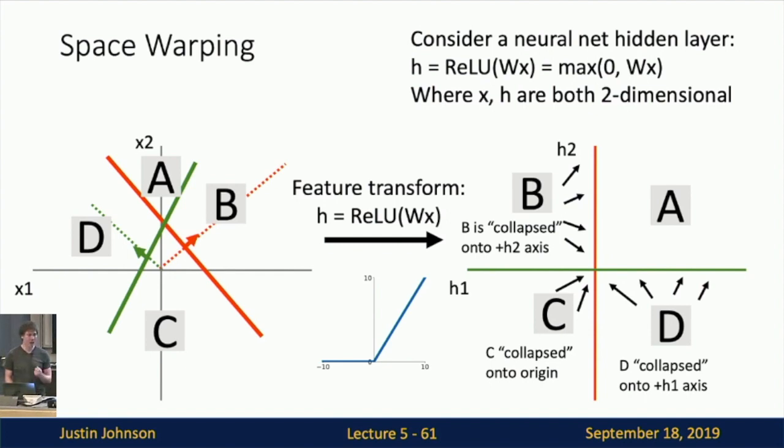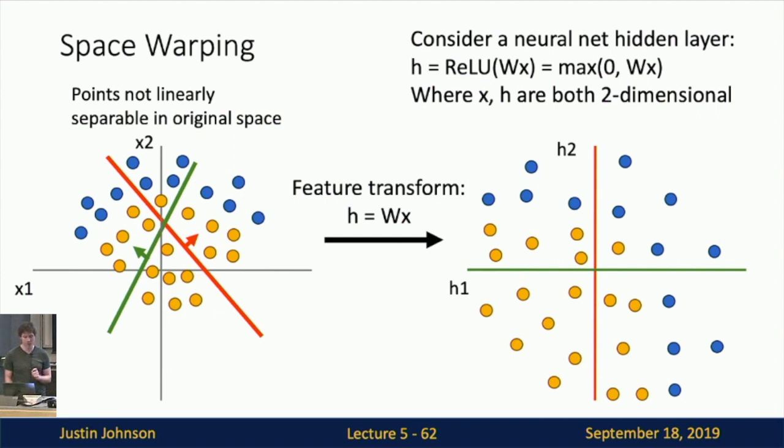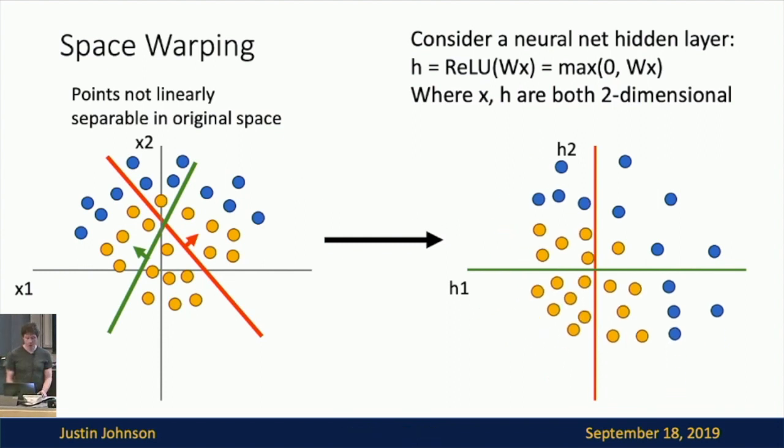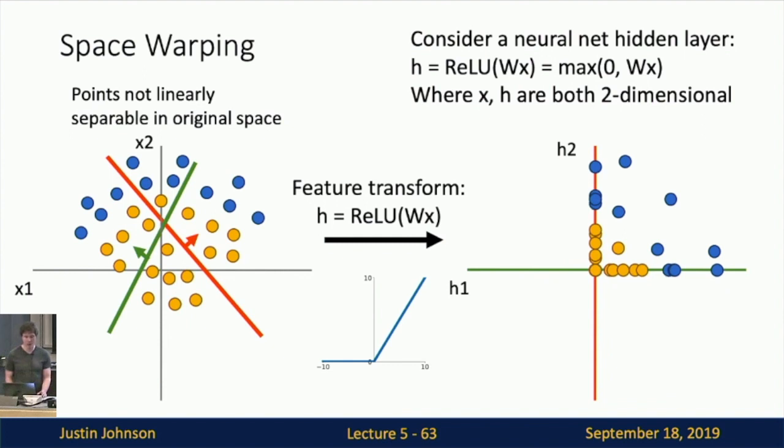Now that we've seen what happens with quadrants, let's go back to this example of the data cloud. We saw that transforming this data cloud linearly resulted in this linearly transformed data space. But now when we imagine applying this ReLU nonlinearity to this feature representation, we can see something very interesting has happened in the transformed feature space. Our yellow and blue points have become linearly separable in this transformed feature space.